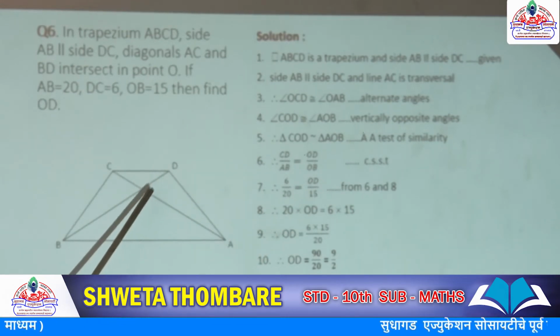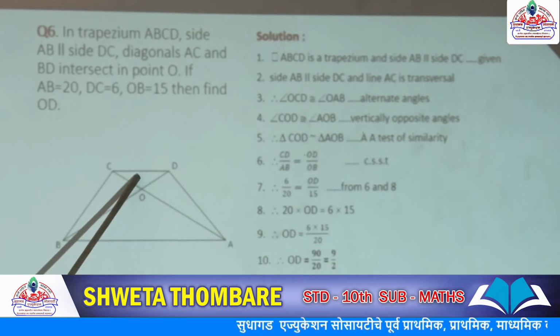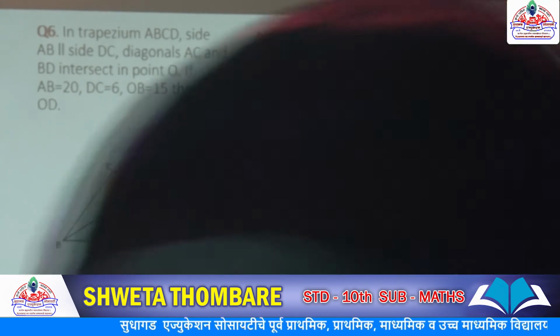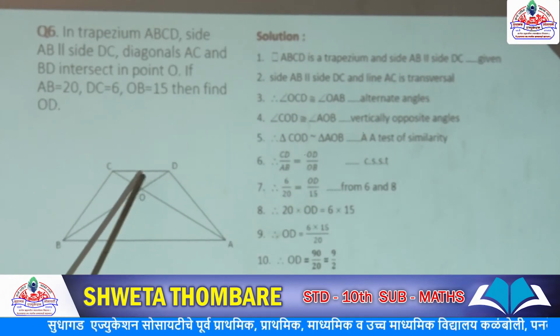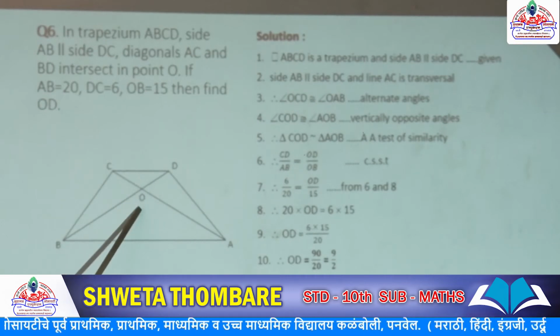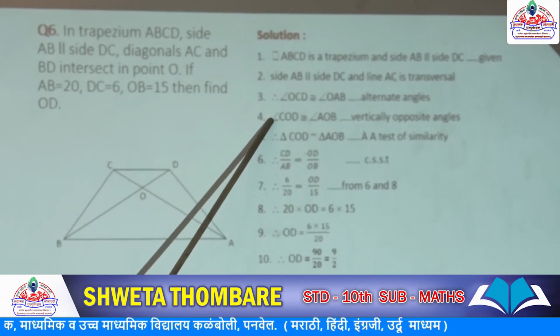Now our aim is to show both the triangles similar. To show this, we have shown two pairs of angles congruent. One is a pair of alternate angles, and another is vertically opposite angles.